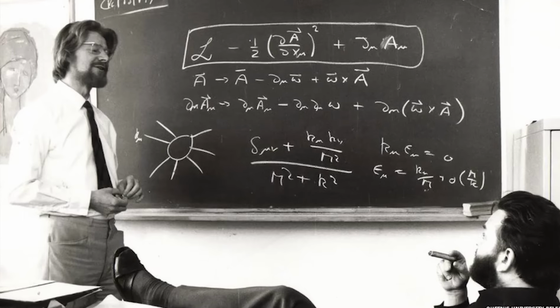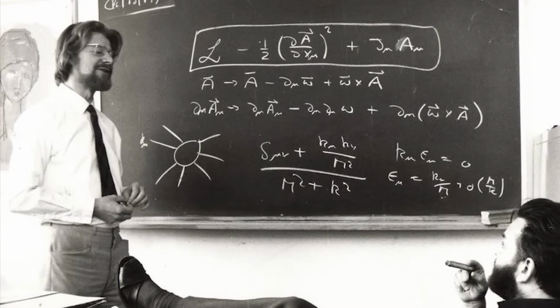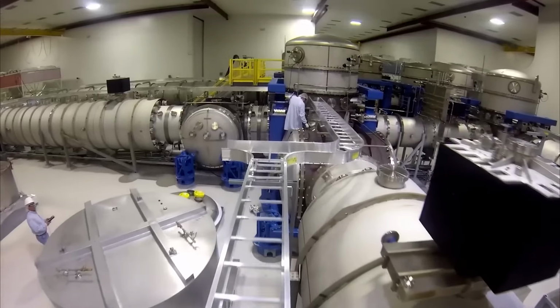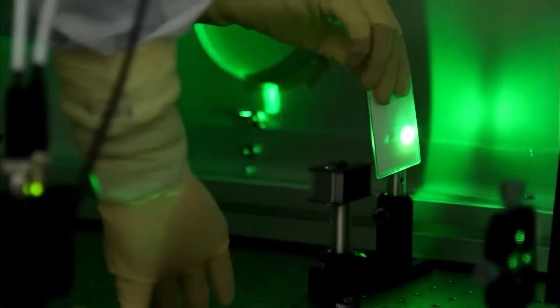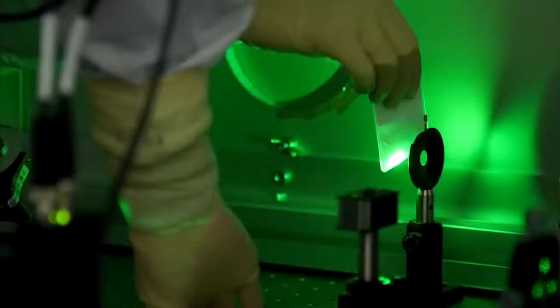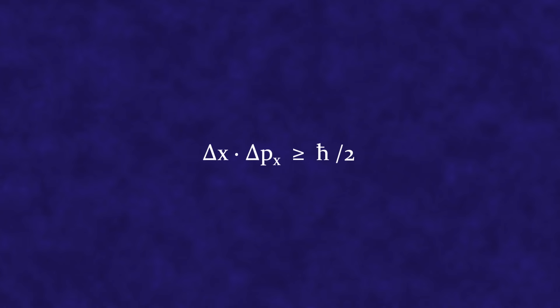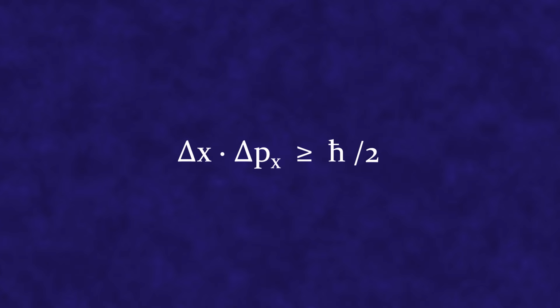I'm referring to Bell's inequalities and the related experiments, which we covered in a separate video. Through these experiments, physicists were able, or almost able, to disprove the hidden variables theory and proved, or almost proved, that the uncertainty principle is fundamental and lies at the very core of the workings of our universe.